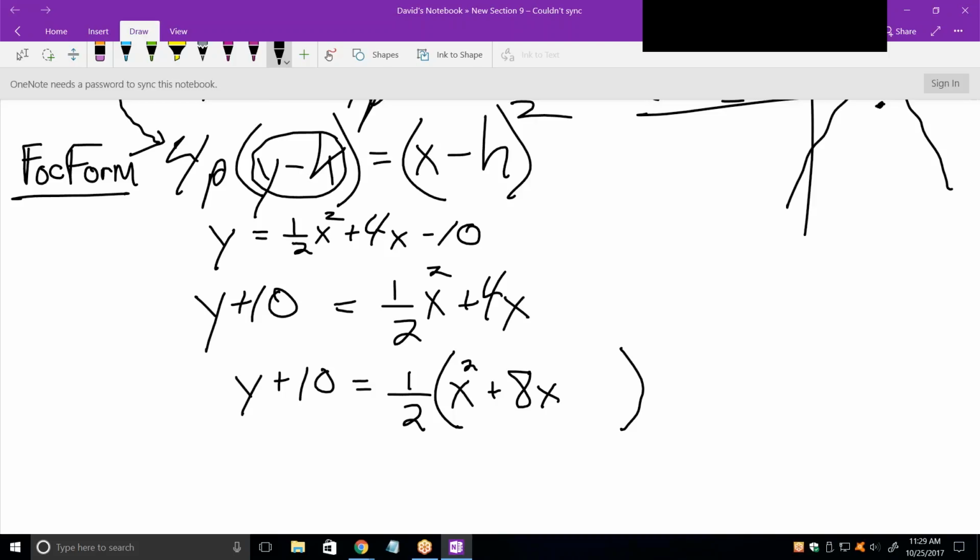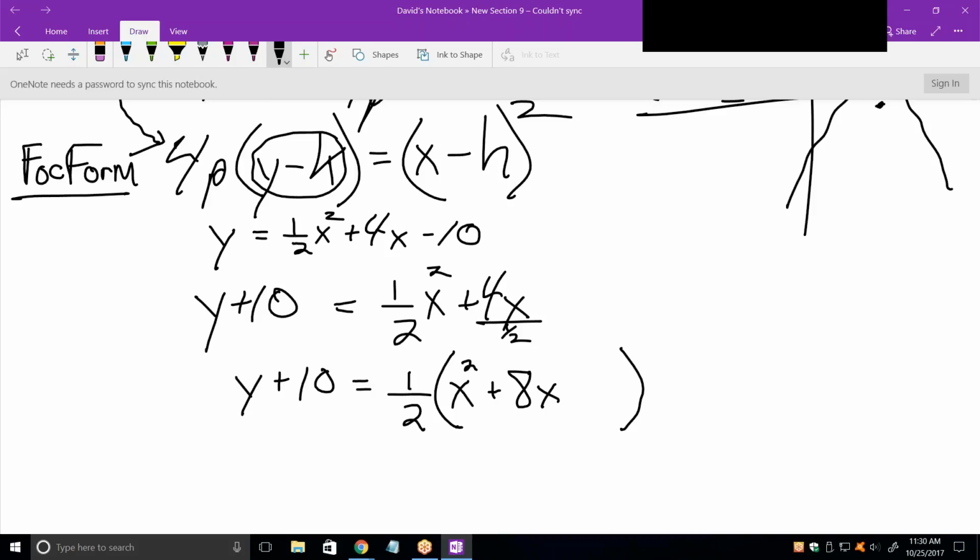What you have to do is get rid of that 1/2. And the only way to do it is to factor it out. Even if 4 were not divisible by 1/2, I would still do it. Well, the way you get rid of it is you divide both terms by 1/2. Well, when I divide that by 1/2, flip and multiply, I get 8x.